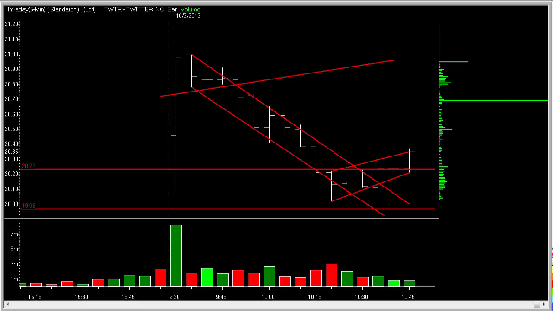And of course, what we're looking for here again is for those two lines to stay relatively equidistant as they're moving higher, and then price to come down, bounce off that bottom line, and move back to the upside again.